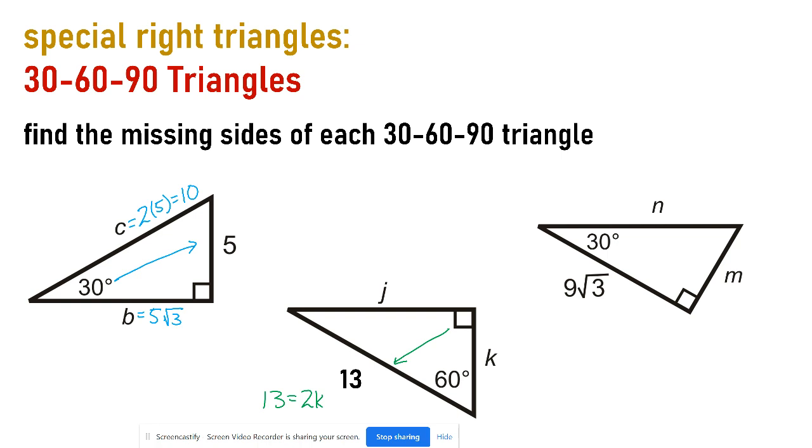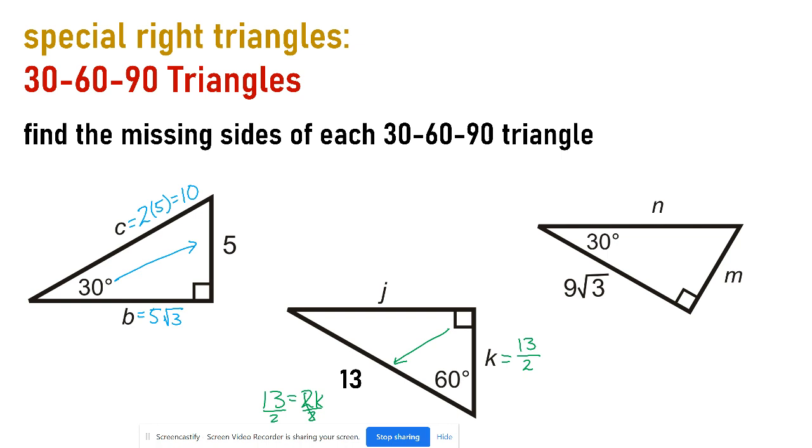To find k, all we need to do is take 13 and divide it by 2. So if they give you the hypotenuse and you want to find the shortest side, just divide it by 2. I'm just going to leave this as 13 over 2. If you wanted to divide that out, you would get 6.5. That's also correct. So k is 13 over 2.